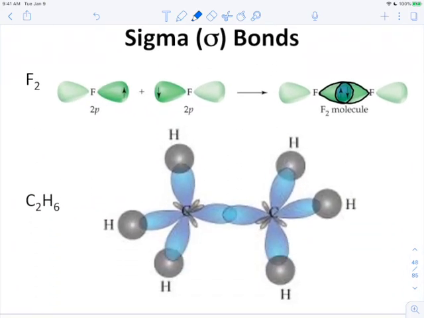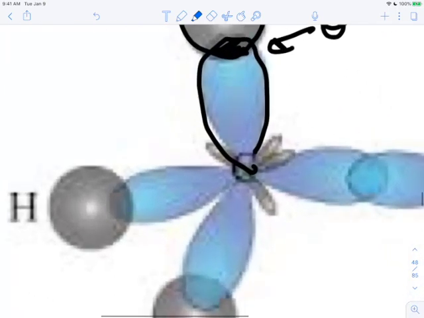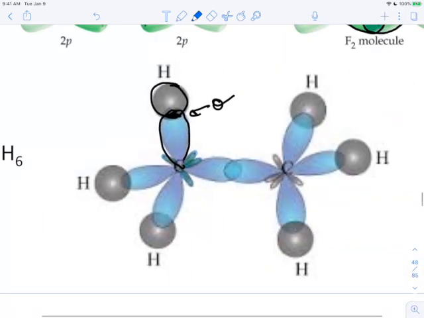And here we see our sigma bonds with the hybrid orbitals. Here is a hybrid orbital. Here's a regular old s orbital. And this is the sigma bond right here. And we see that for each of these. We also see something interesting that we don't see too often here, and that is the little tail of the whale, if you would. That is that end of the hybrid orbital.